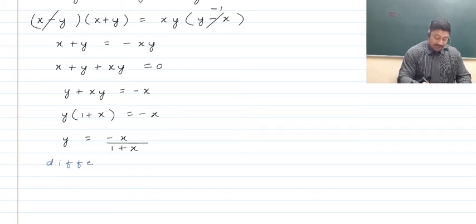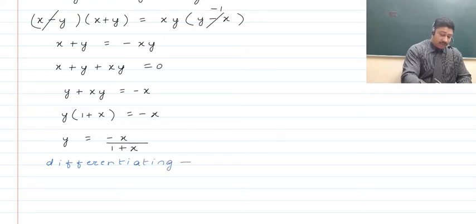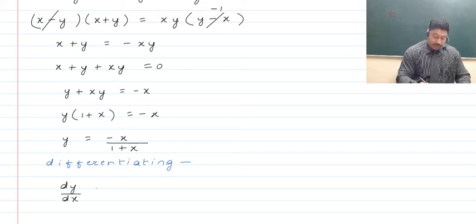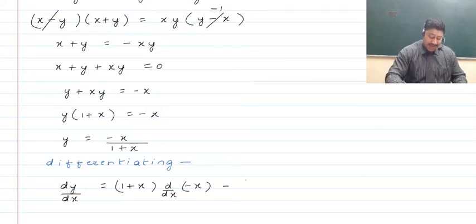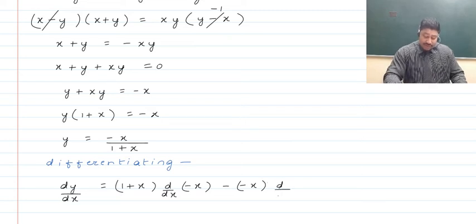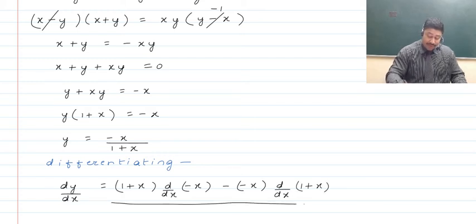So on differentiating the above equation, we will now have dy upon dx, the derivative of the variable y, which will become equal to the denominator, that is 1 plus x, times the derivative of the numerator that you've just studied in the formula, and from that you'll be subtracting the numerator, which is minus x, times the derivative of the denominator, that is d upon dx of 1 plus x, and in the denominator you will be having the square of the denominator, that is 1 plus x.